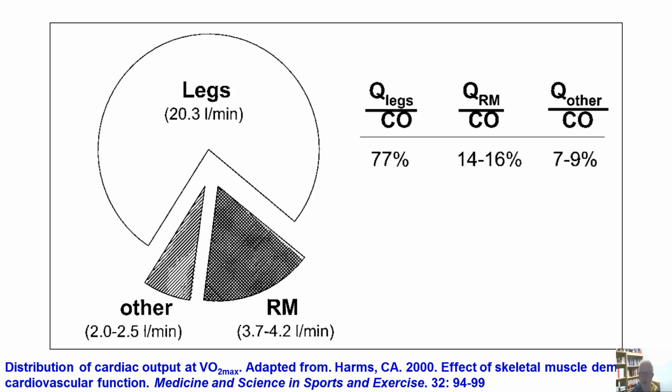But what is fascinating is if you look at the second largest proportion, anywhere between 14 to 16%, goes to the respiratory membrane. It actually goes to the lung, and in fact what it goes to is the diaphragm. And so this suggests to us two things.